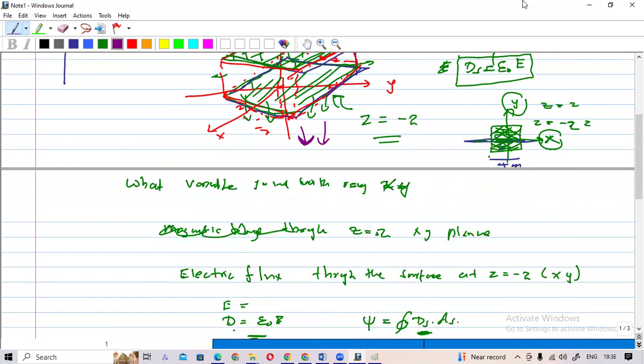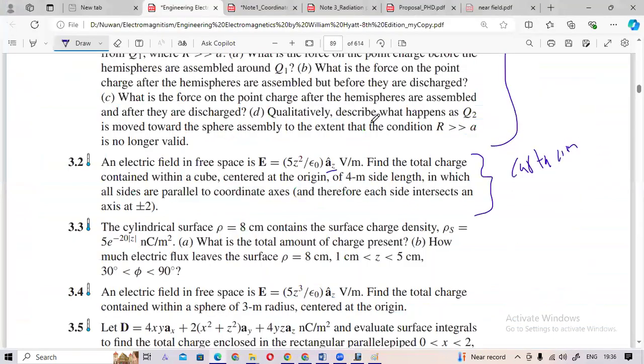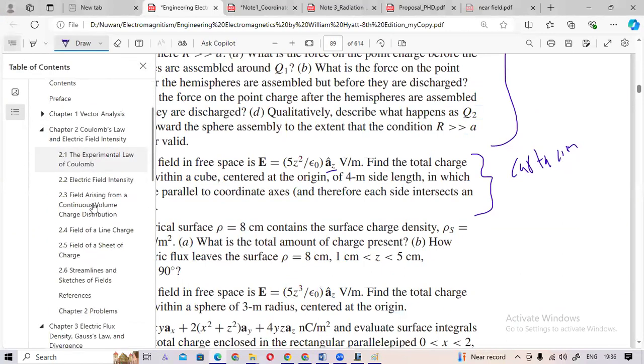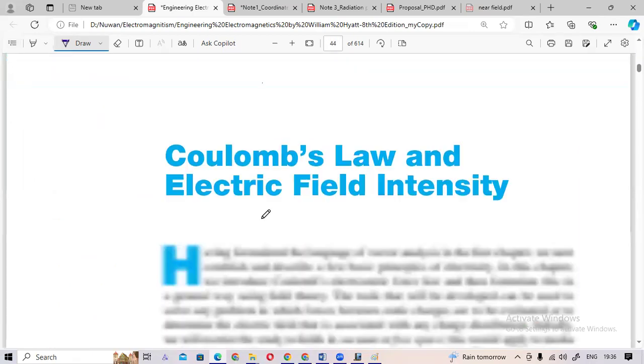Maybe can you remember that? Maybe I can't remember that example, unfortunately. When I did the example in chapter 2, actually in the first example in chapter 2, okay.